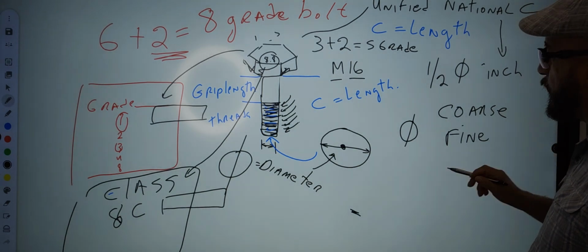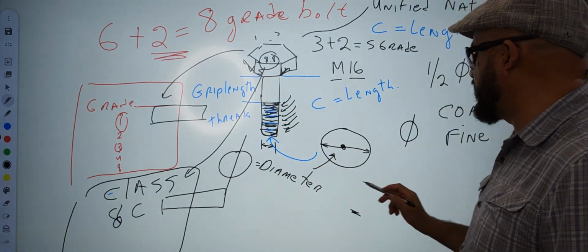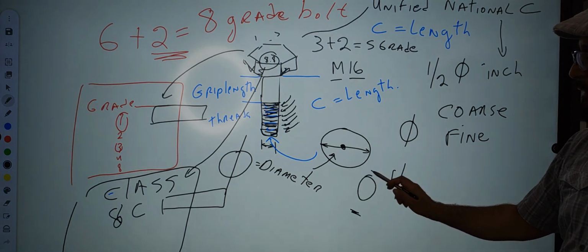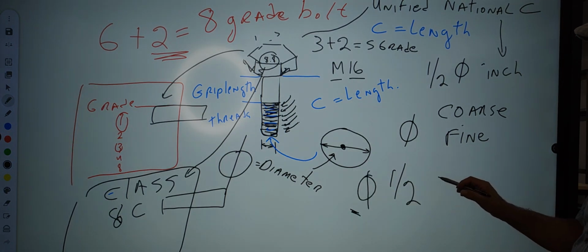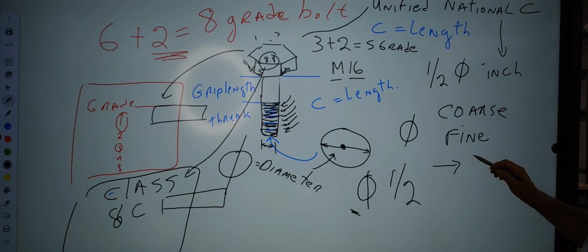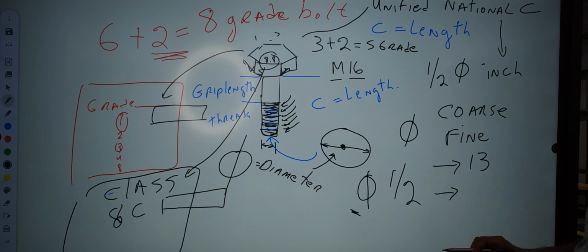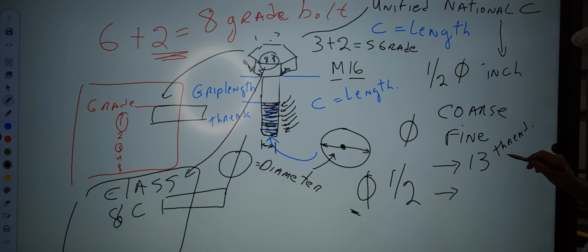So for example, when you go buy a bolt and it's a 1/2 inch, they usually sell two types of 1/2 inch diameter bolts. One may be 13 threads, and another finer one, maybe 15 or 18 threads per inch. Mainly you will find this, but you could find more per inch.